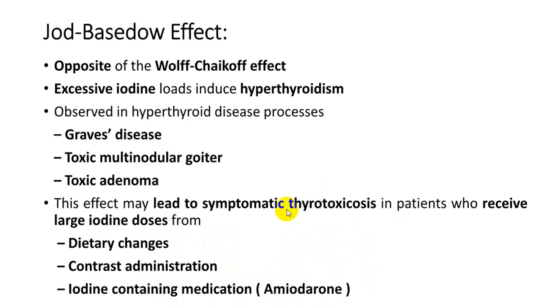increased thyrotoxicosis and can lead to thyrotoxic storm. So in Graves' disease, toxic multinodular goiter, toxic adenoma, all these hyperthyroidism conditions, don't give iodine from outside, and see that when you do any procedures, particularly investigative procedures like angiography, urography, cholangiography, etc., in all those radio contrast media are utilized.